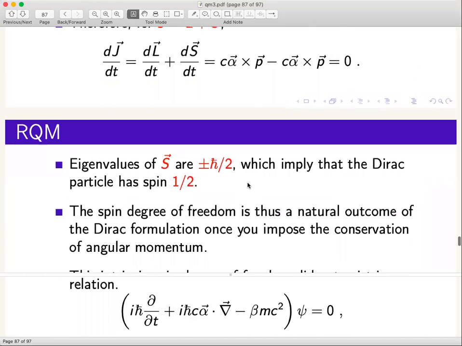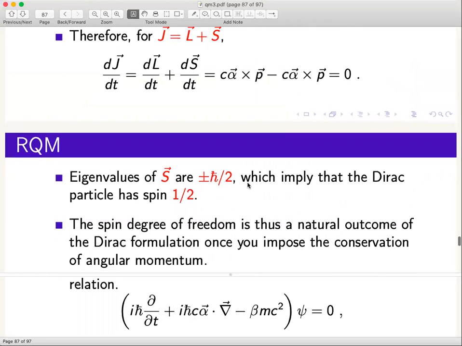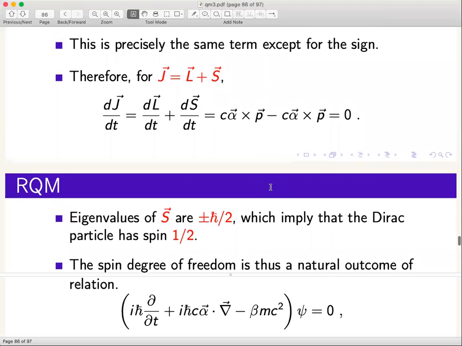Okay, so the main point here is that, of course, the fact that the Dirac particle has spin half is also part of the result coming from Lorentz algebra representation theory. Okay, that also one could check. But this derivation that you actually need spin half as the intrinsic angular momentum of the particle is independent. Okay, you could have said that, okay, I don't care about what the Lorentz algebra representation theory is telling me.